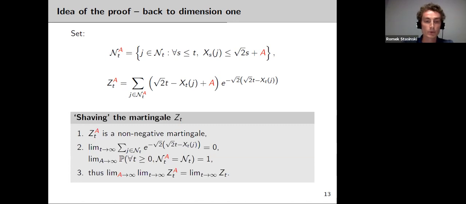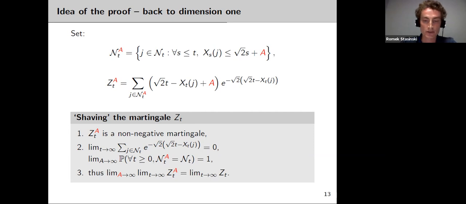So one can easily check that Z_t^A is again a non-negative martingale. Well, it's non-negative because we kill all the particles that would have a negative contribution. Secondly, one can also check that the contribution of this additional plus A factor is going to converge to zero almost surely.